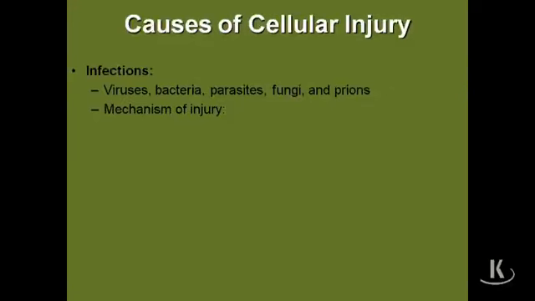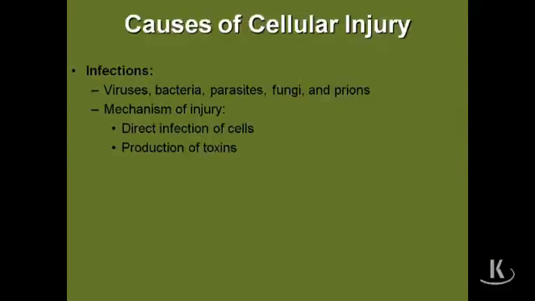So the mechanism of injury that we think of is, again, I just want to review this again, direct infection of the cells itself, and there are various mechanisms like causing apoptosis, programmed cell death without an inflammatory response, or being cytopathic to the cells, just killing the cells, like a virus is a classic example. We just talked about toxins that are made, exotoxins, endotoxins, and then we're going to talk about the body's response.